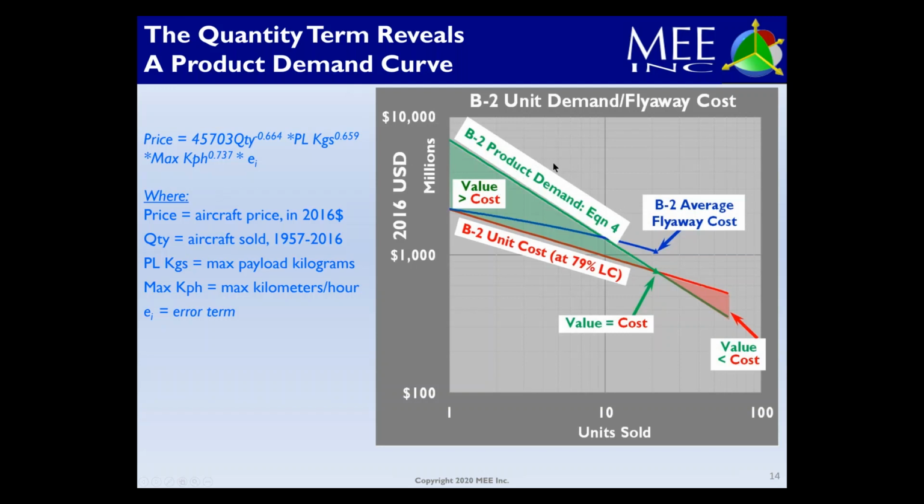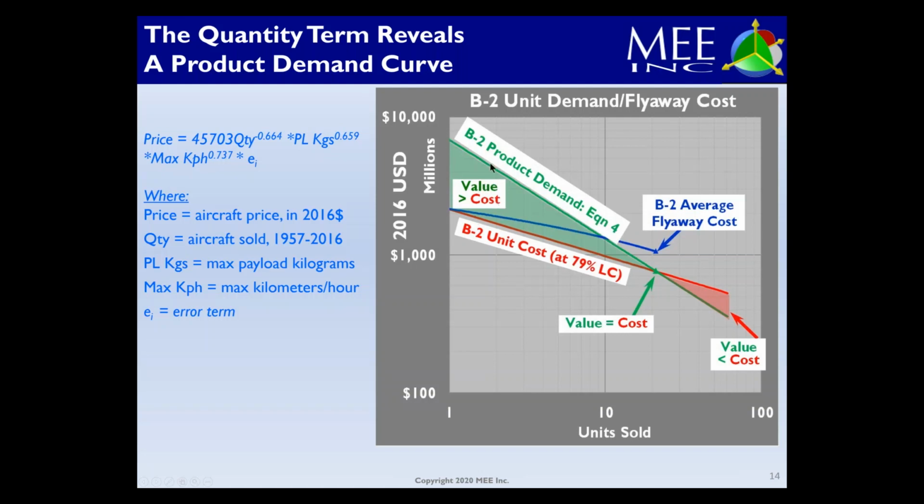But the product demand curve, equation 4 in the paper, because of this exponent here, is steeper. And what that means is that the implied value starts out very high when it began, approaching $7 billion here. But the market, in this case the US Air Force, buys products when the value exceeds the cost.